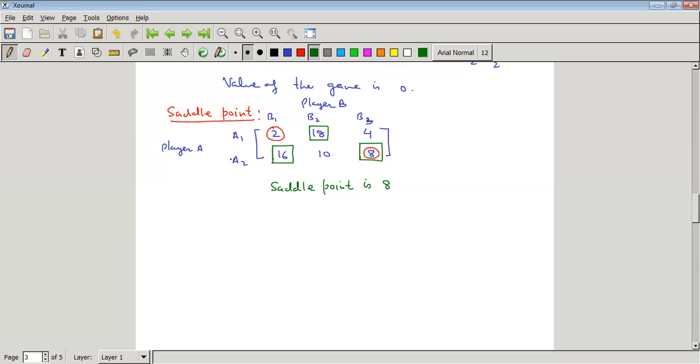What is the meaning of saddle point? That if A plays with the second strategy and B plays with the third strategy, that is B3, so this is the best strategy for both the players.